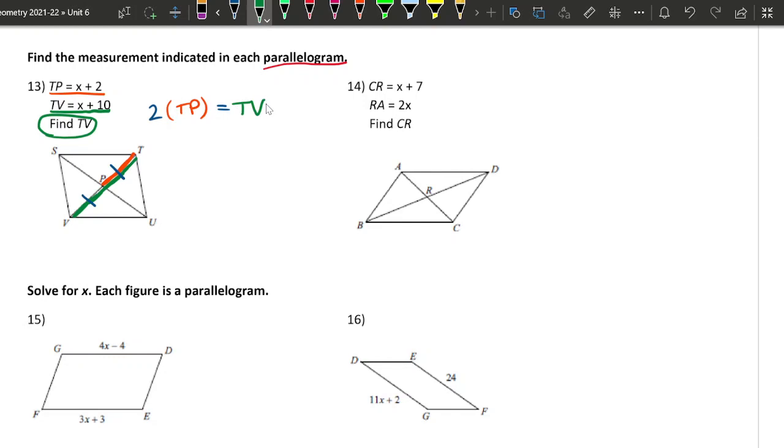If I had 2 orange ones, it would be the same length as the green one. And then I can change out TP for the value x plus 2, and I can trade out TV for the value x plus 10. And now I have an equation to solve.